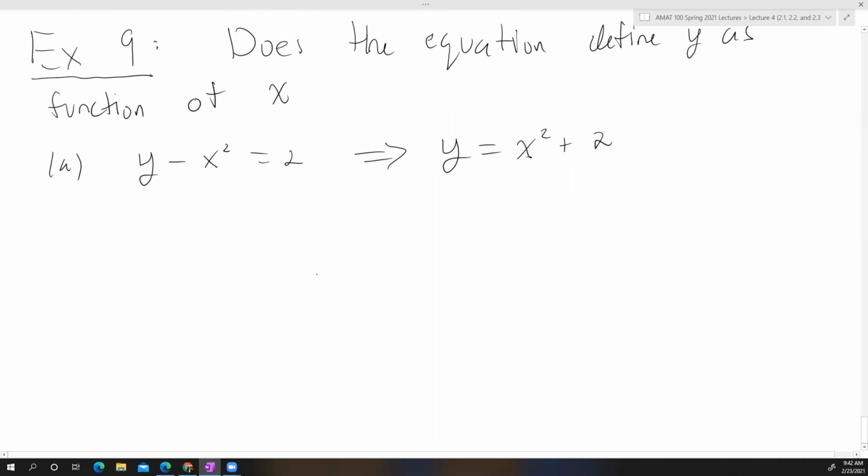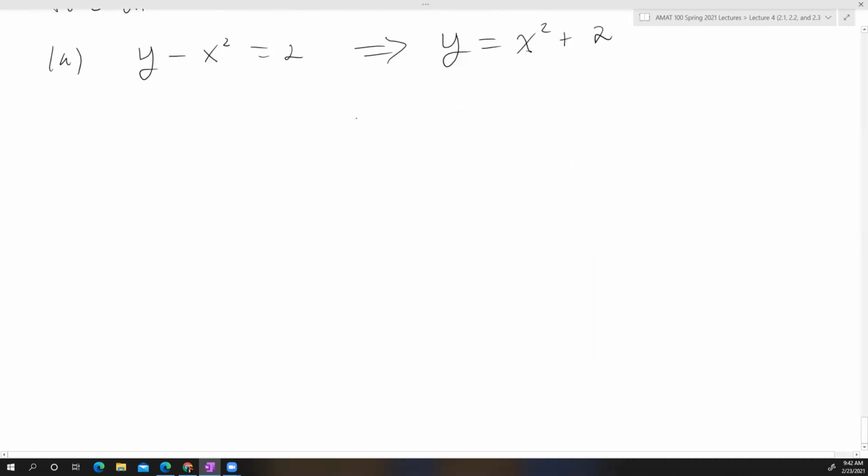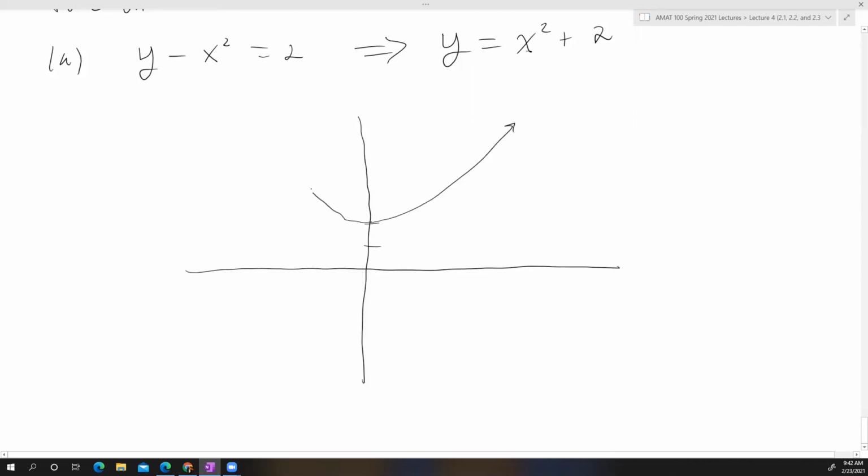And if you plot this equation, you get a parabola shifted up to y is equal to 2, something like this. And if you just draw a bunch of vertical lines, you'll see any vertical line intersects at exactly 1 point.